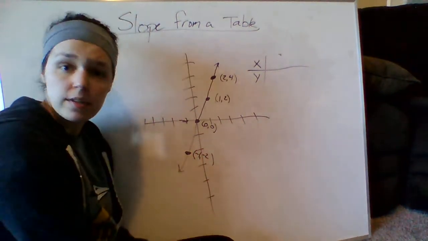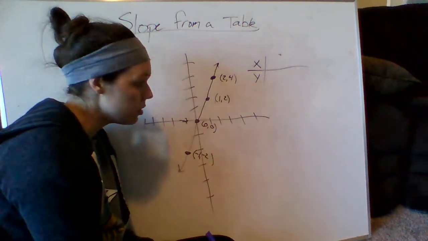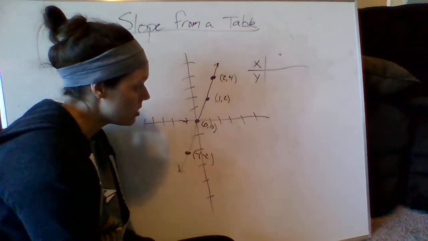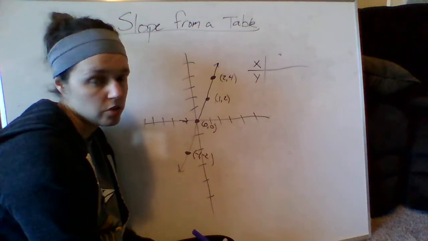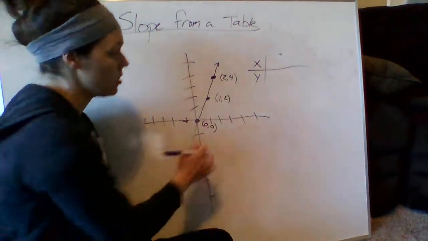So to transfer these points into the table, you want to go in order from least to greatest. So look at your x's, and you're going to start with the smallest x you have. So you have 2, 1, 0, -1. The smallest x I have is -1.